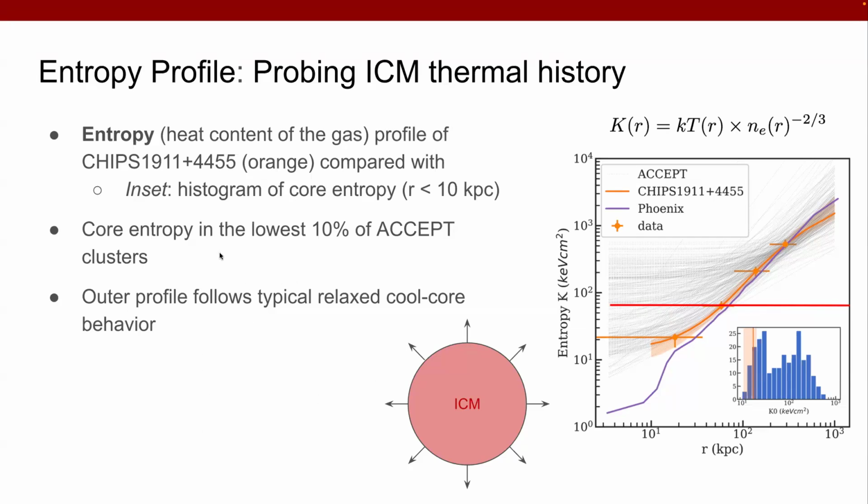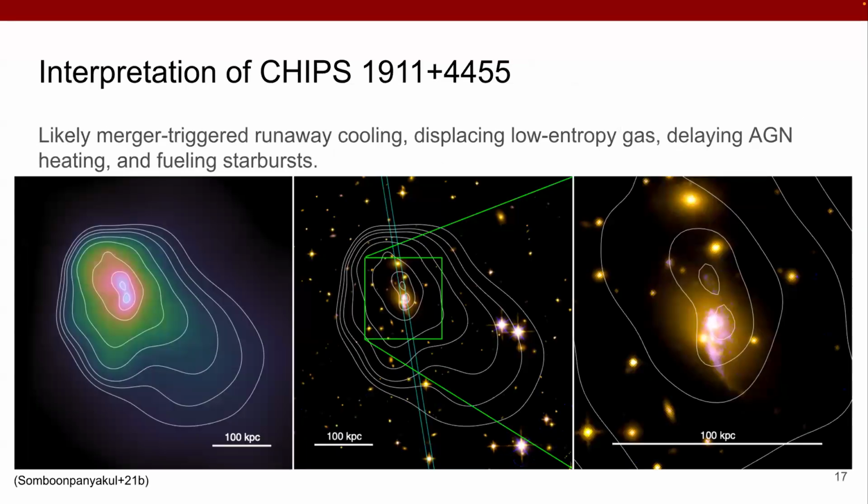The core entropy is in the lowest 10% of the other clusters in a sample called the ACCEPT cluster sample. But the outer part is pretty much the same as every other cluster. So what we think is happening is that the gas inside the center of this cluster has basically cooled, turning from really hot gas into much cooler gas.